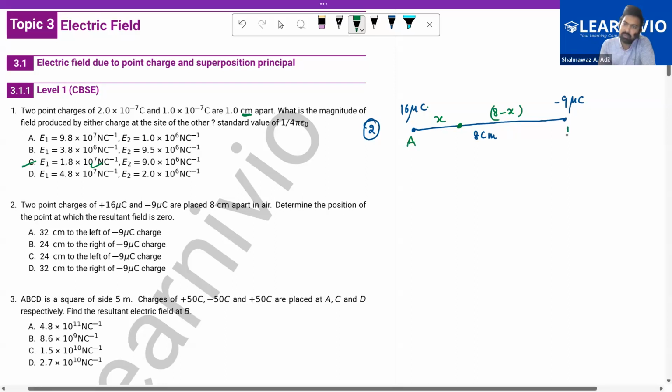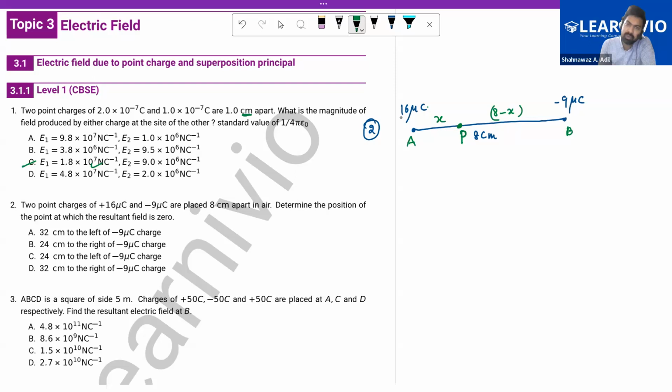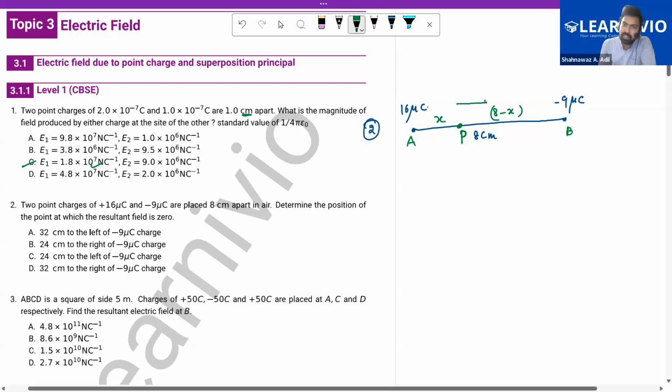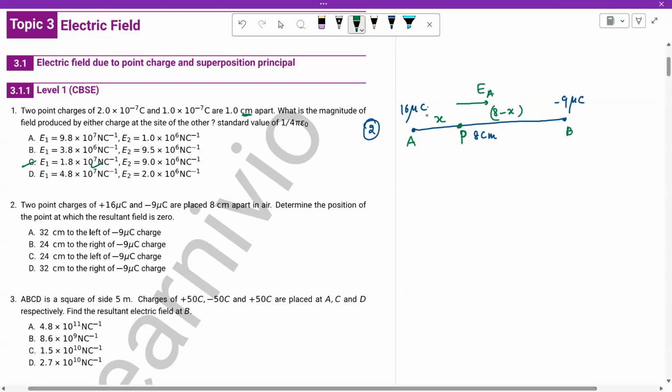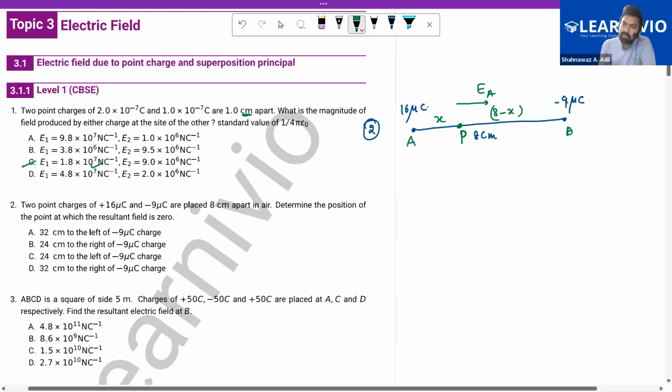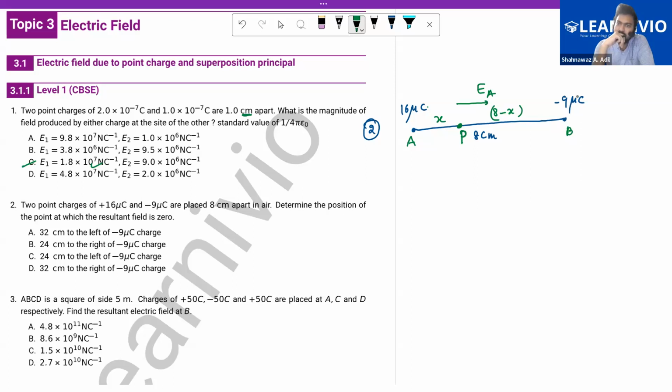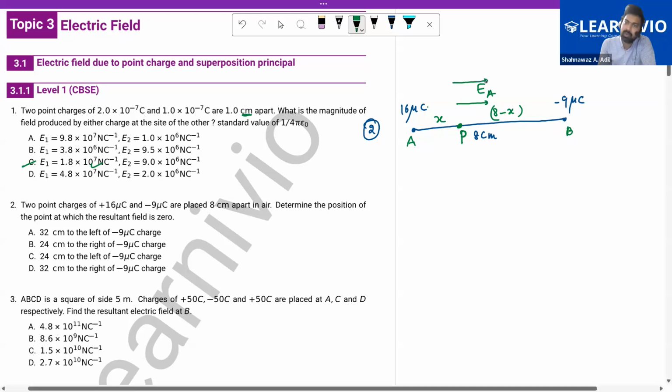Let's say this is A, this is B, this is P. The contribution from this part would be in this direction. And the contribution from the other part, is it repulsive or attractive? It's attractive, so that would be in this direction.